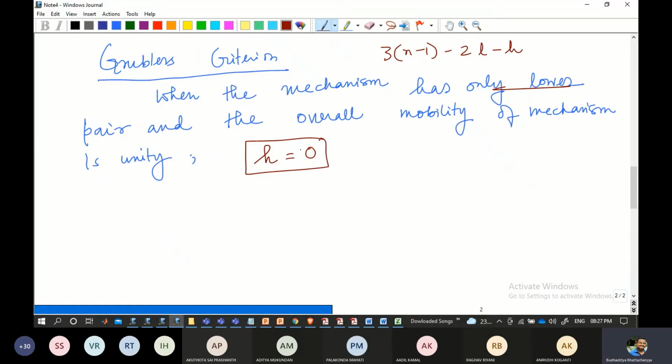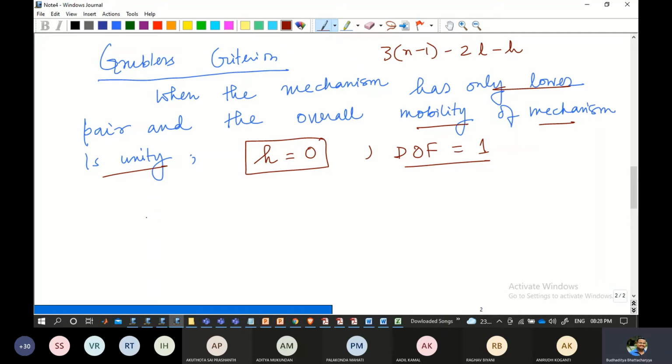So this h would be 0, no higher pair, and we can also say that DOF will always be 1. This is basically the stringent requirement for Grubler's criteria, because the mobility of the mechanism is unity always. So if this specific case is there, we will call that Grubler's criteria.